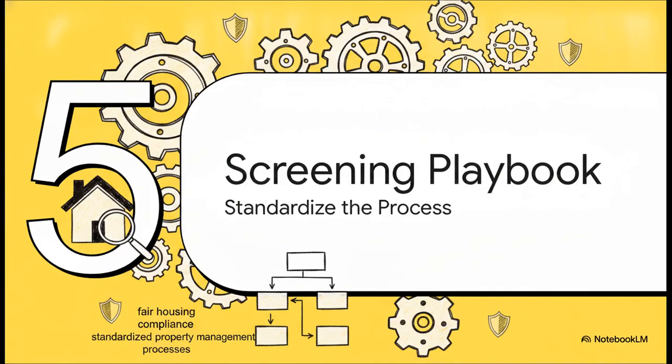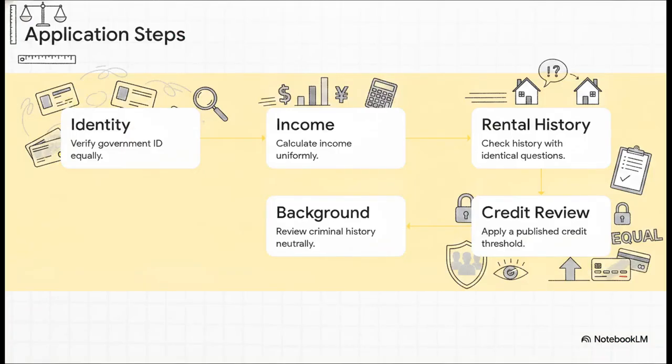Section 5. The Standardized Screening Playbook. Standardize the process. All right, this is where we operationalize everything we have learned today into a repeatable, highly defensible system. Here is the exact 5-step application checklist used by Alpine Property Management. Step 1 is verifying identity equally for all adult occupants. Step 2 is calculating verifiable income uniformly regardless of where that income comes from.